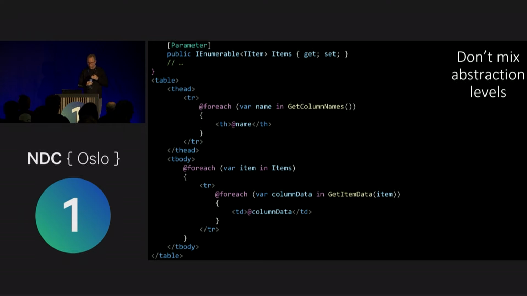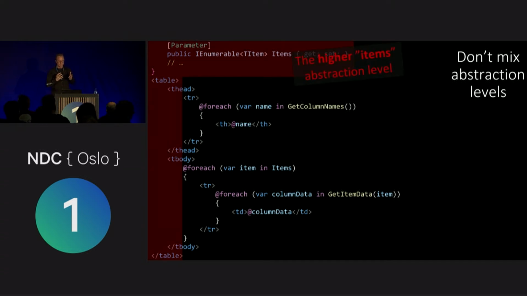So if we address the first thing there and figure out, well, how can we refactor our component? Well, we could look at the idea about mixing abstraction levels. If we make this a bit concrete, we can see here the red parts are really dealing with the plural, multiple items, right? So that is one level of abstraction you can look at from a data perspective.